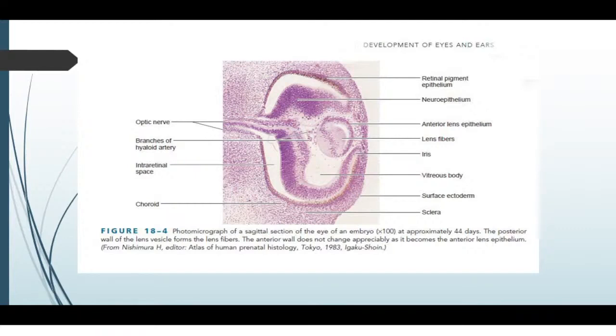The vitreous body arises from ectomesenchyme. This is a mesenchymal structure between the lens and the optic cup. Surface ectoderm is outermost, and the sclera. Choroid also arises from mesenchyme. Look at this one. Choroid arises from mesenchyme, and the sclera is also developed from mesenchyme.